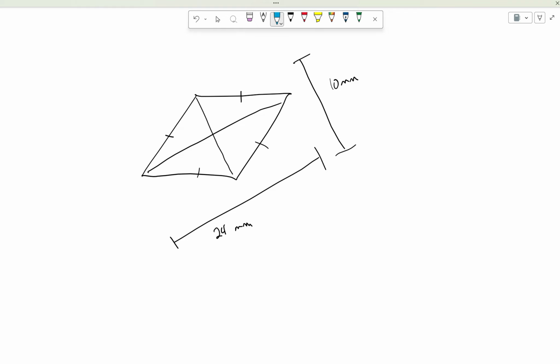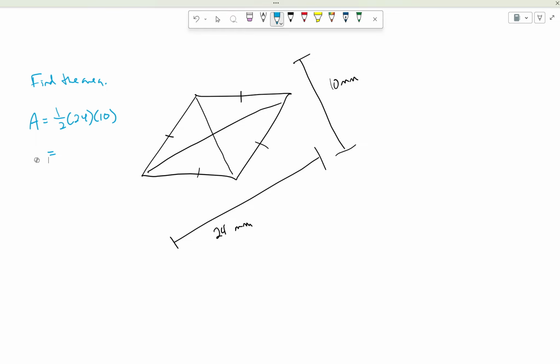Let's find the area. So its area is, again, 1/2 of the product of the diagonals. So it's going to be 1/2 of 24 times 10. Pretty straightforward.